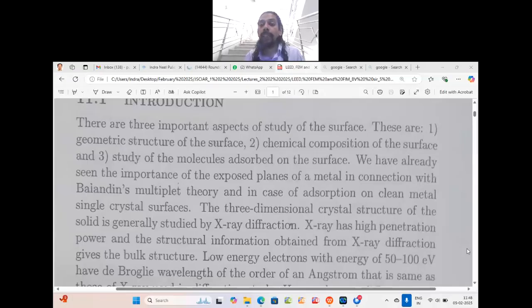So in ESCA or XPS, X-ray photoelectron spectroscopy, when the photons are shone on the solid surface present in vacuum, the photons will knock out the core level electron from the K shell of the element under examination, the compound under examination. It can have one element, two elements, or three elements, but say nickel oxide. Nickel oxide will have both nickel and oxygen, two elements.